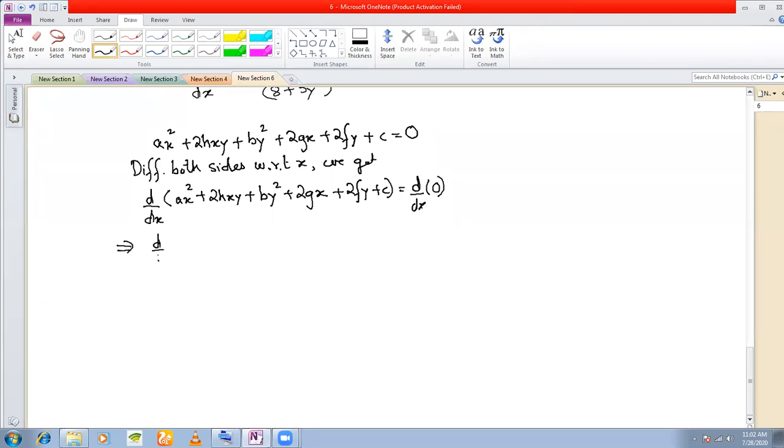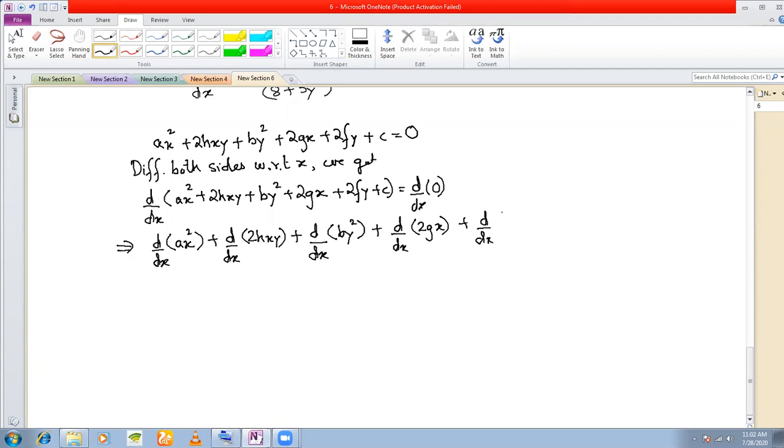That means d dx of ax square plus d dx of 2hxy plus d dx of by square plus d dx of 2gx plus d dx of 2fy plus d dx of c is equal to 0.